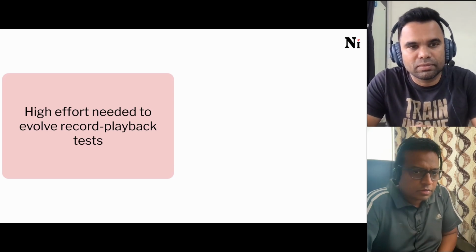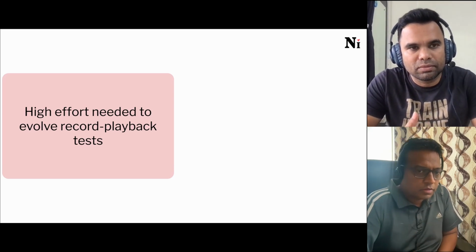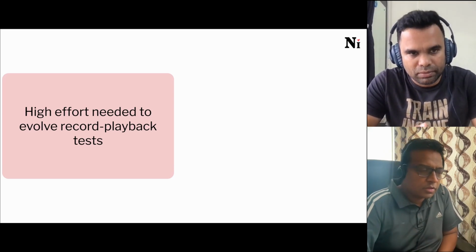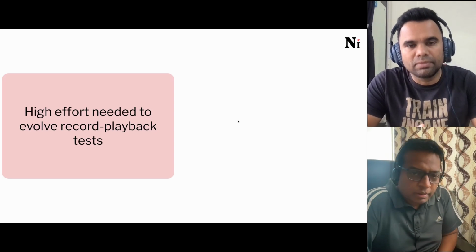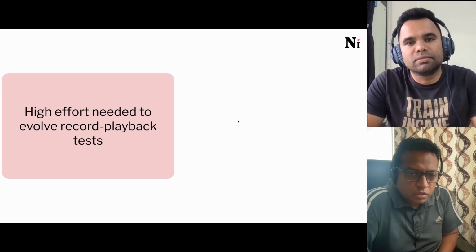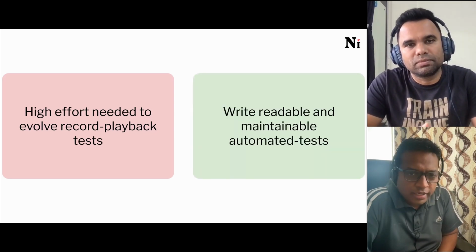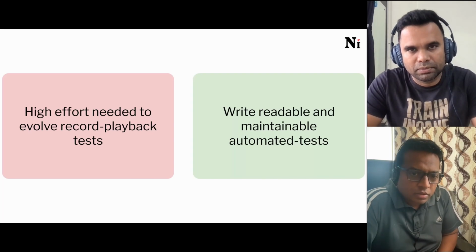Yeah, so certainly the way to do this is to stay away from record and playback tools and instead use tools that allow you to write test scripts and write code to control what your end-to-end tests do.